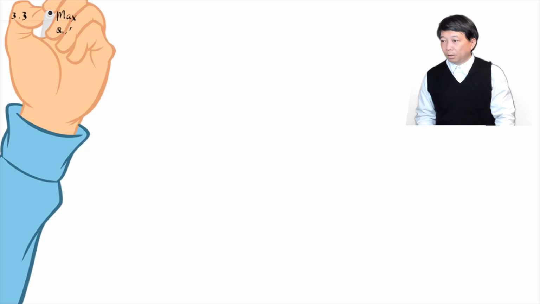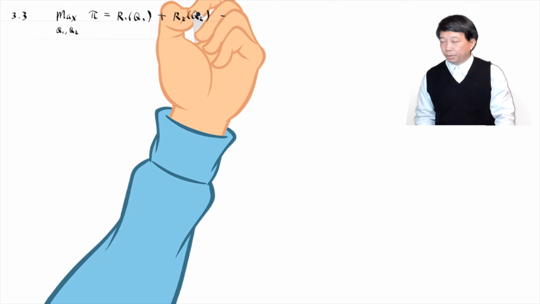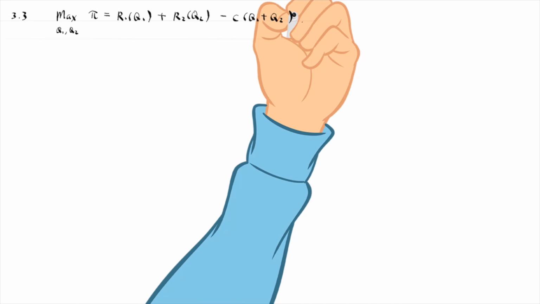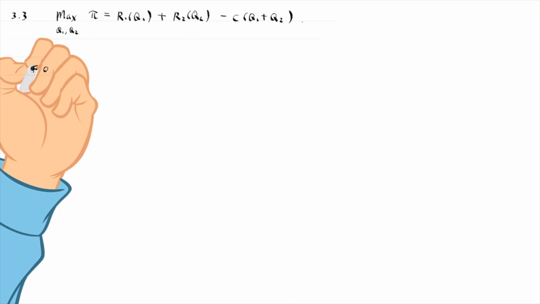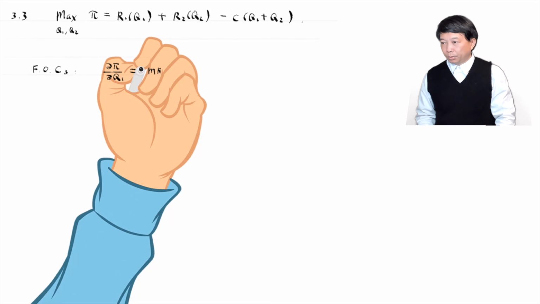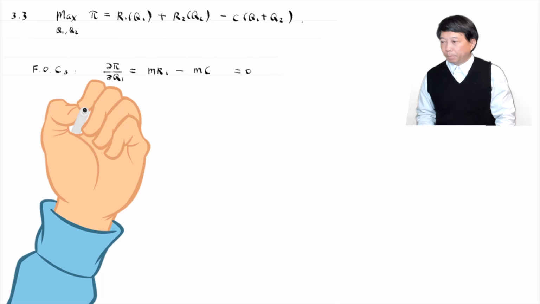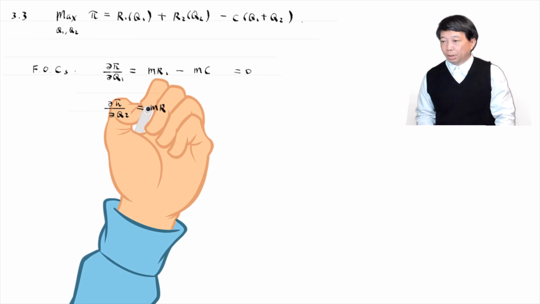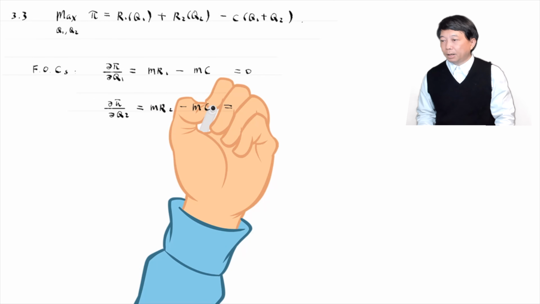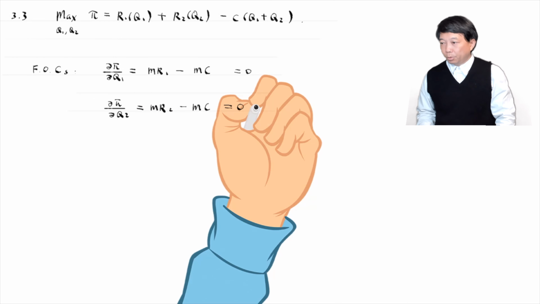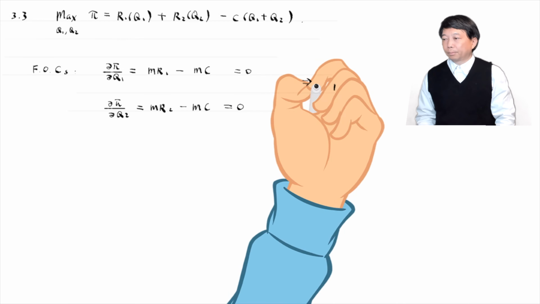The monopoly can divide its consumers into two groups. It chooses quantities Q1 star and Q2 star to maximize its total profits. We obtain the first-order conditions by partially differentiating profit pi with respect to Q1 and Q2 and setting these partial derivatives equal to 0.